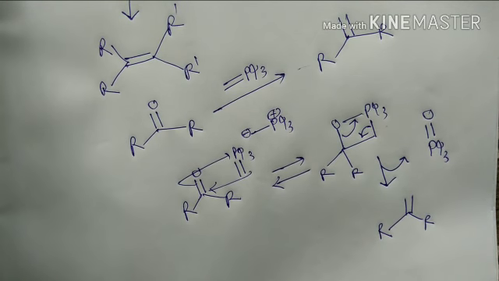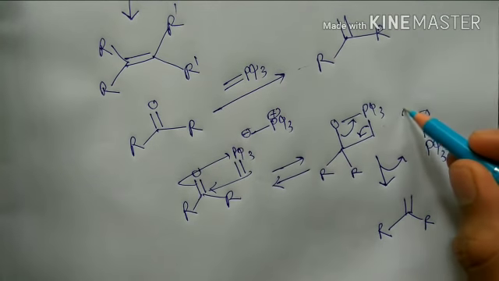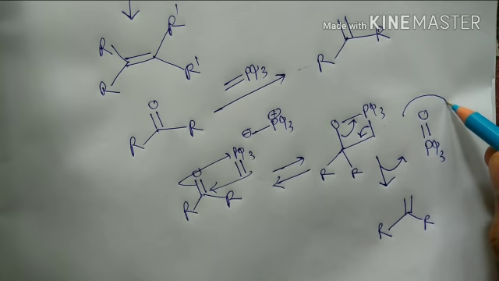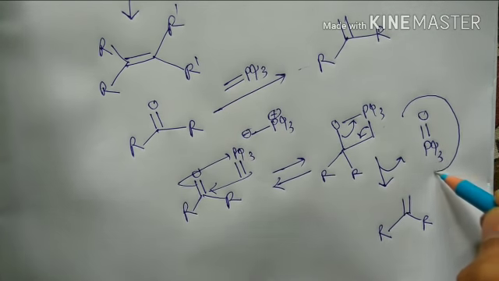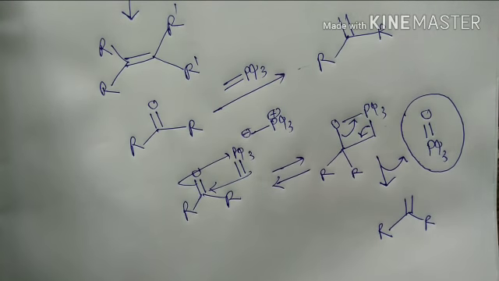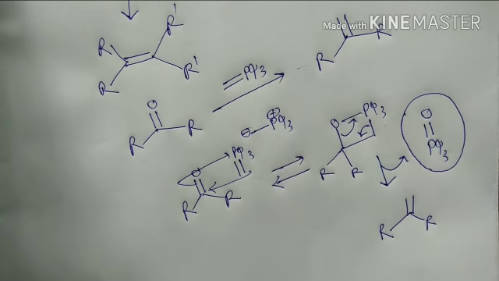You can easily understand because of the formation of the highly stabilized, high energy phosphorus oxygen bond. During the formation of this P=O double bond, a large amount of energy is released, and this is the driving force for this reaction.